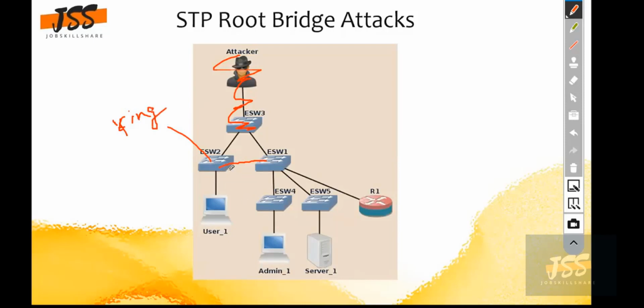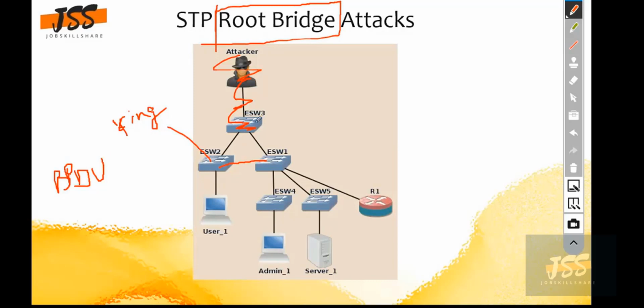Because first of all, we talked about looping in our switching environment. So these switches will send some kind of probes, which are known as BPDUs, which will define which switch is going to be the king, known as the root bridge, basically.